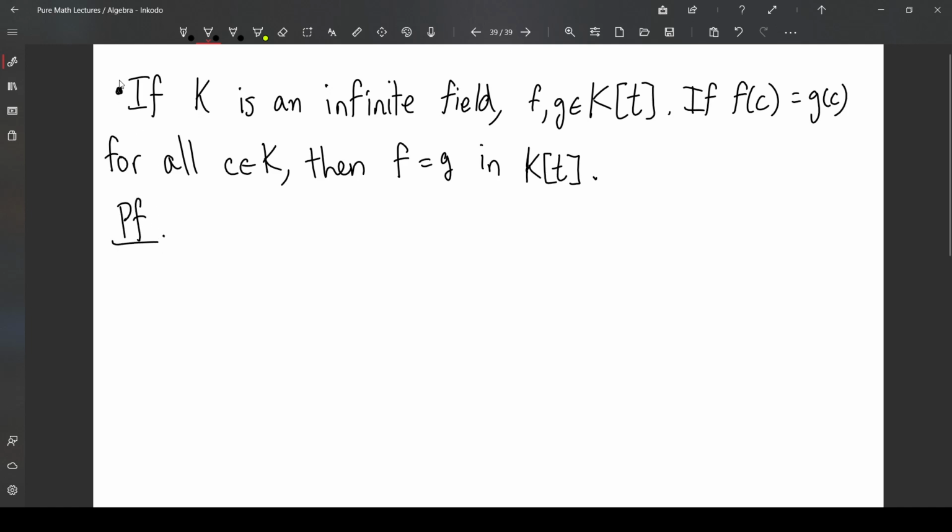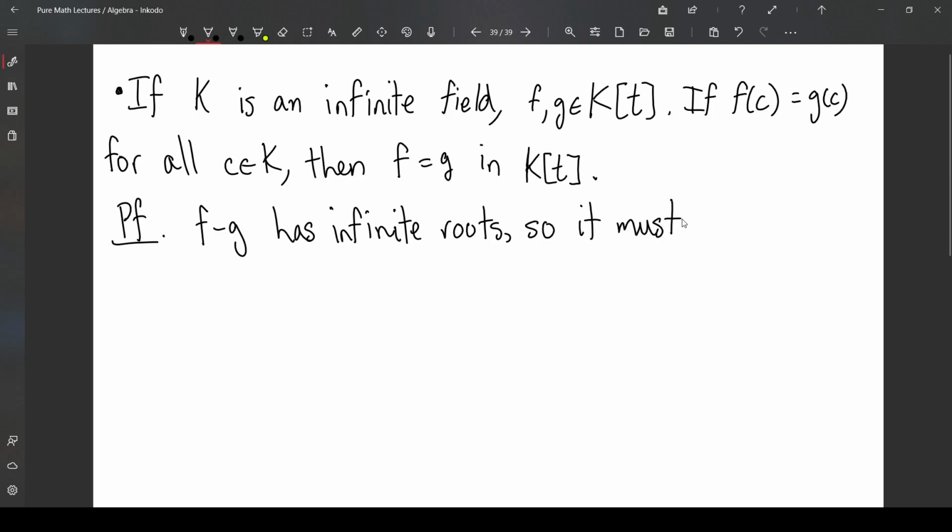So to prove this is rather simple. f minus g has infinitely many roots. So it must be the zero polynomial. Right?